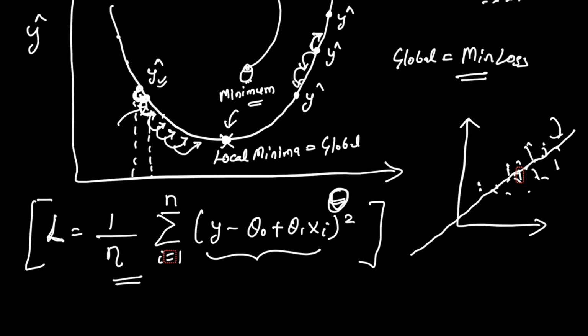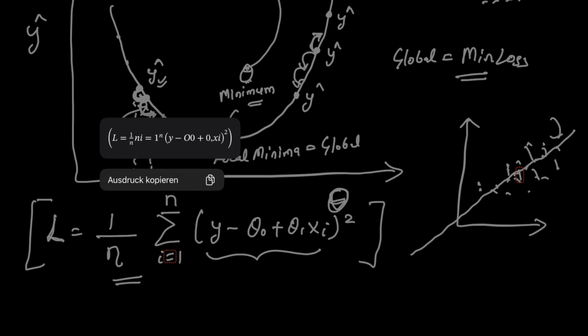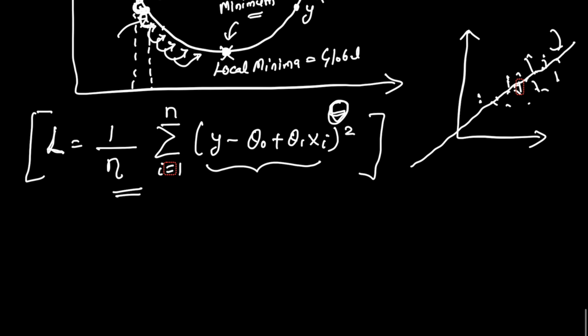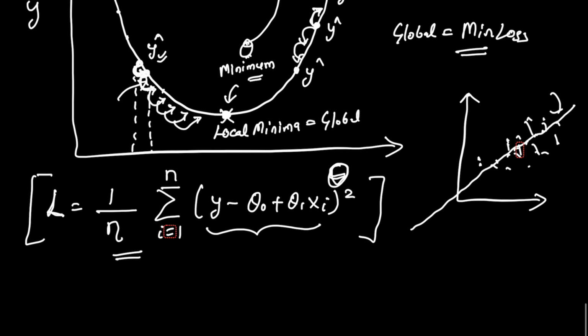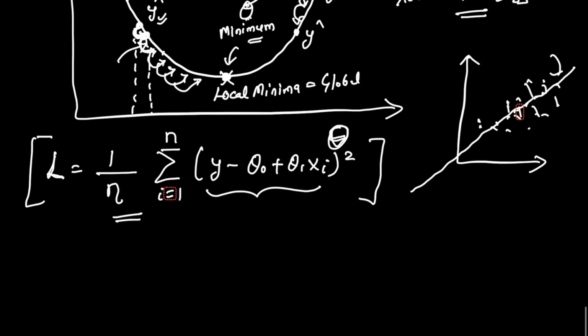Now, how do we define this going up or going down? Well, it's quite simple. Let's say at this point we have some value theta naught. Now if I add some value, let's say 2, that means if this is theta naught, then this would be theta naught plus 2, and let's say this is theta naught plus 4.